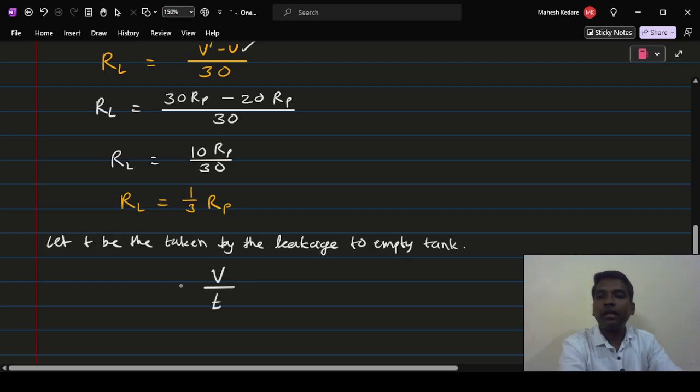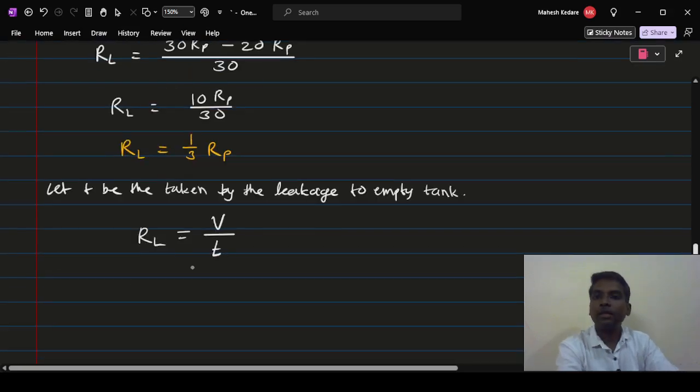Thus we can write the leakage rate also as RL equal to V divided by T, the volume of water divided by time. We replace RL by V by T and write V by T equal to 1 by 3 Rp.